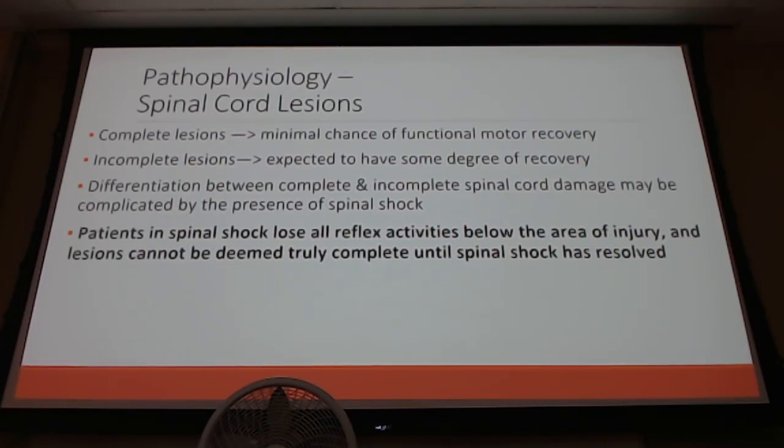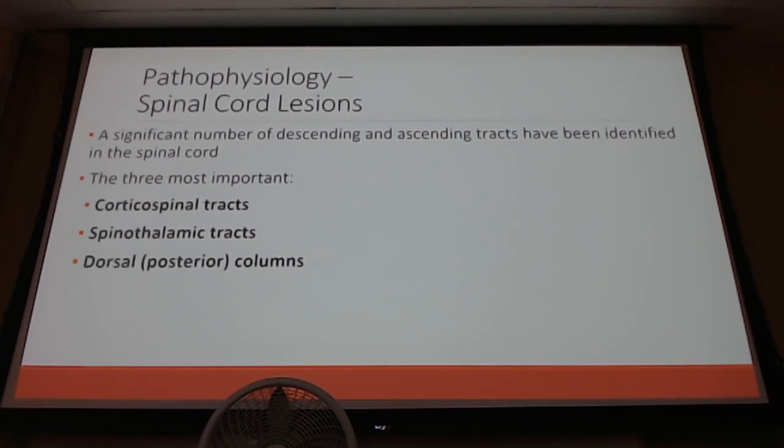If it's complete, there's going to be a very low chance of functional motor recovery afterwards, which is why we like to establish the prognosis beforehand. But once again, because of that secondary injury, it can be very difficult in the emergent setting to determine that until all of that inflammation and those spinal injuries resolve, and then we can get a better idea whether it's complete versus incomplete. So it's something that's difficult to determine in the ER.